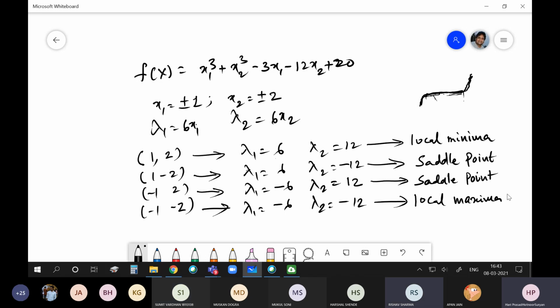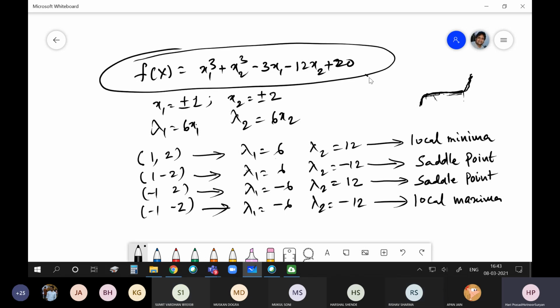Okay. So you can see that for this function, we cannot say that it is truly convex or concave. At some places it will act as a convex function, where you will have local minima. At some places it will act as a concave function, where you will have local maxima.